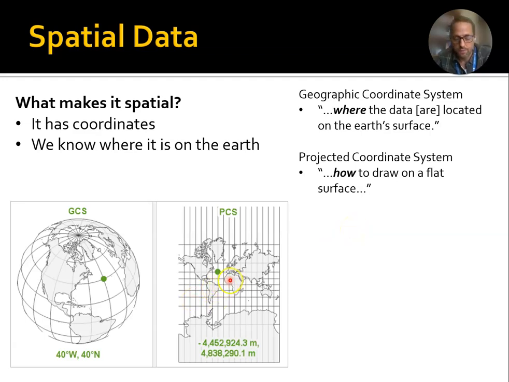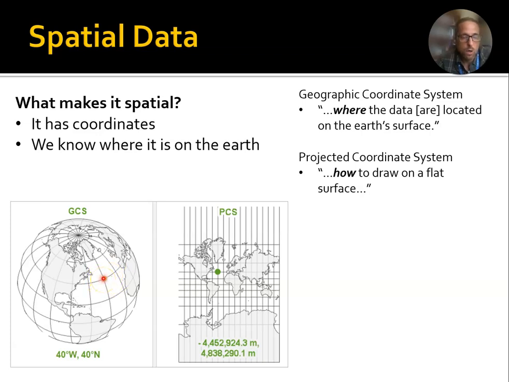Now, a projected coordinate system is a little bit different. The key to a projected system, and we'll get into this later, it's a little deeper than we need to go right now, but what underlies this is, if you think about it, with a geographic coordinate system, or GCS, we're finding where we are on this sphere, or spherical. It's not a perfect sphere, but where we are on basically a sphere.